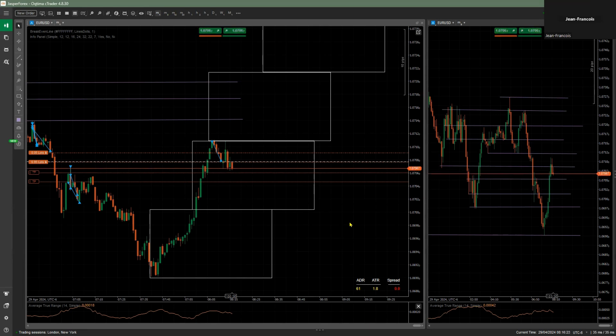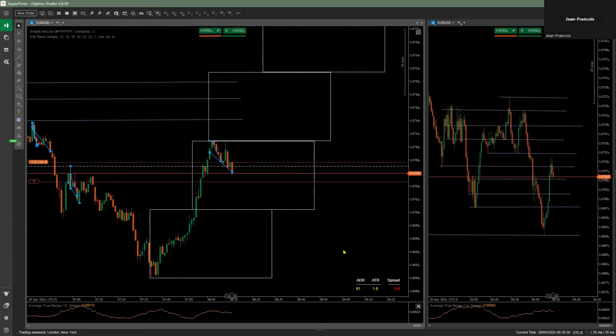And here it is, right? Wait for the edges of the box. And then if you run out of time, too bad. Close that trade, or there's something here for you to do. Just like there's something to do on both sides of the box. You can create a box on any instrument and on any time frame. You don't need me to do that.